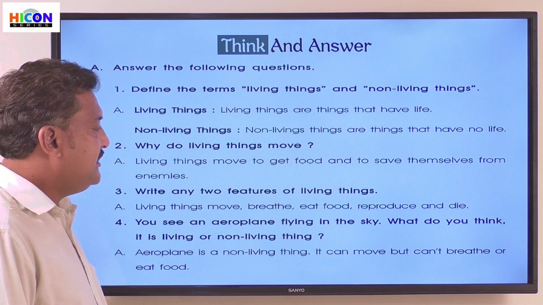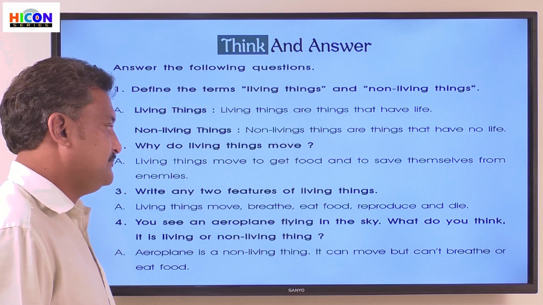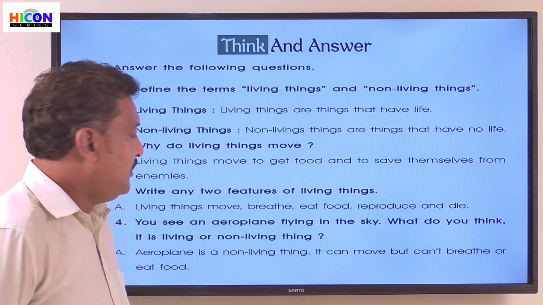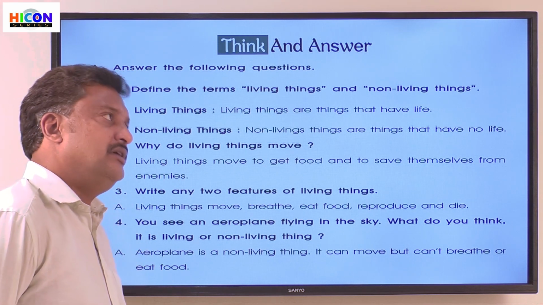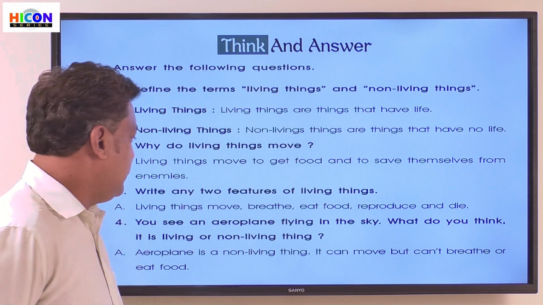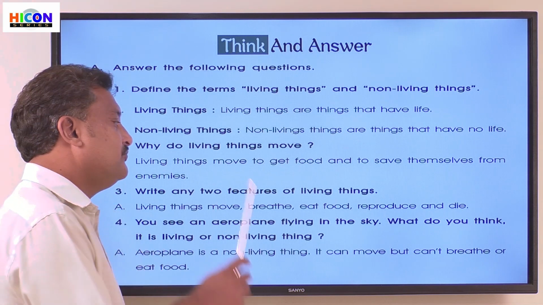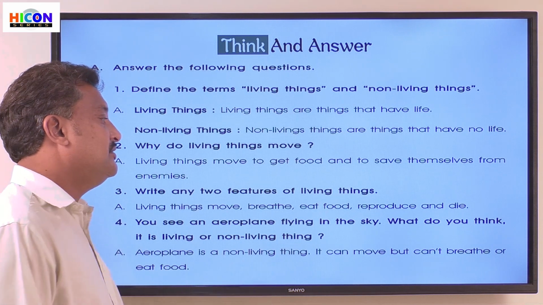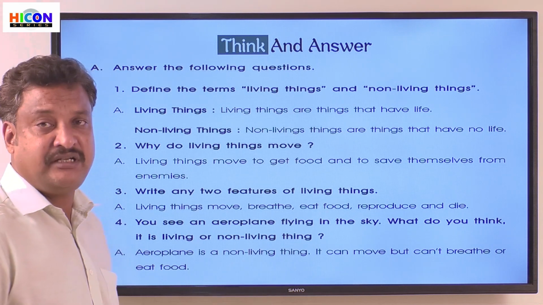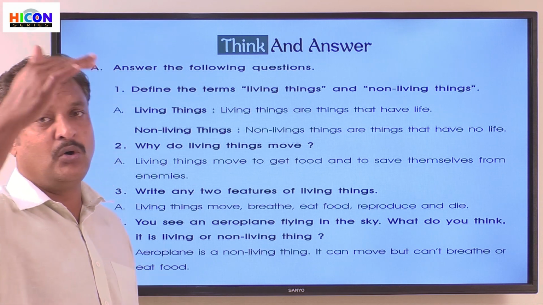3, write any 2 features of a living thing. We have learned some features, isn't it? What are they? Living things move, living things breathe, living things eat food, living things reproduce and die, living things grow.